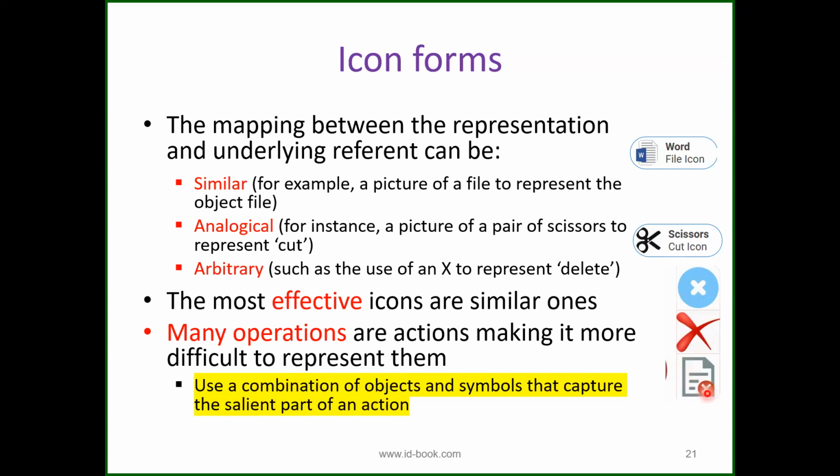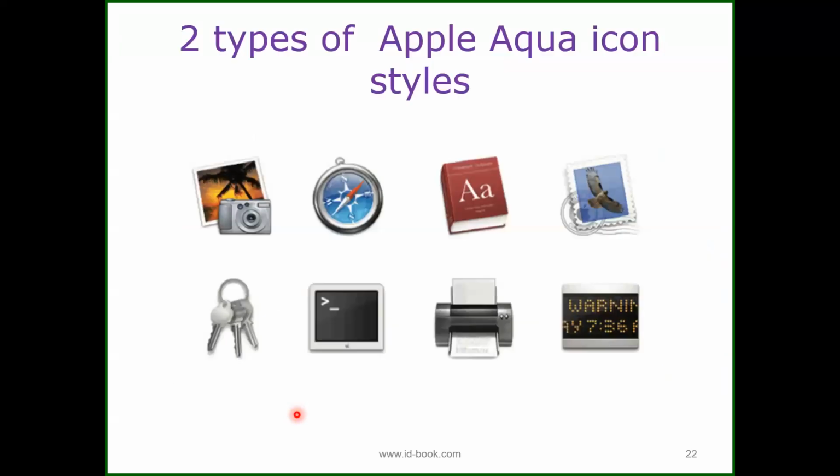So when I have a delete operation on the file, it becomes a file delete operation. Use a combination of objects and symbols that capture the important part of an action, not all the parts of the action. Two types of Apple Aqua icon styles are given here for your reference.